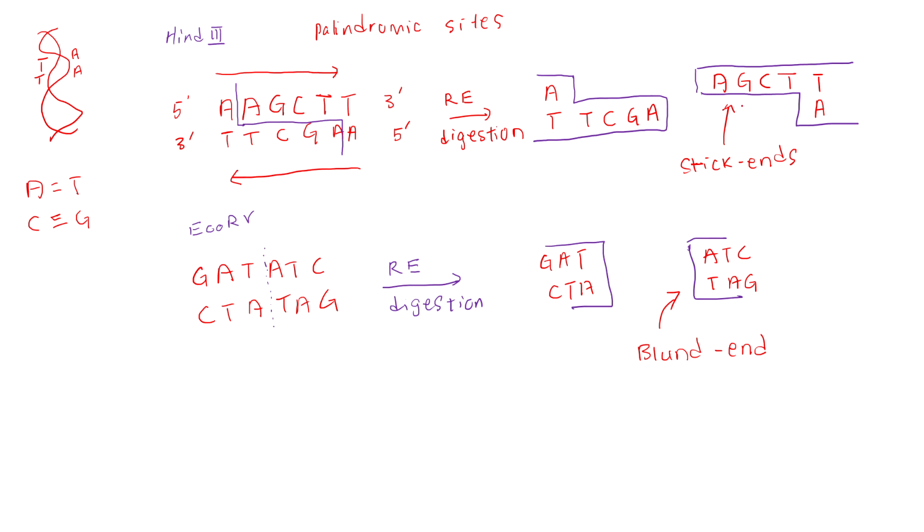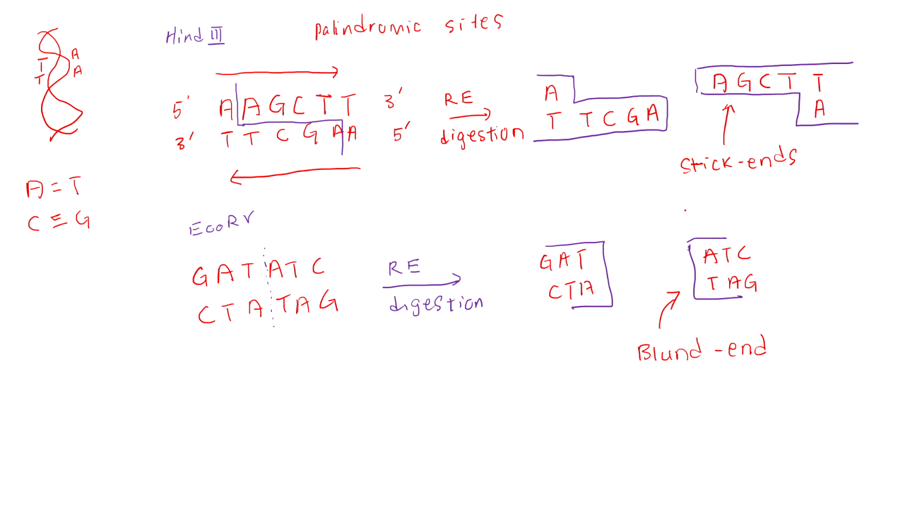This is a single-stranded end that is overhanging, protruding at the end of your DNA sequence. Blunt ends have no single-stranded DNA. You only get double-stranded DNA that is split into two fragments.